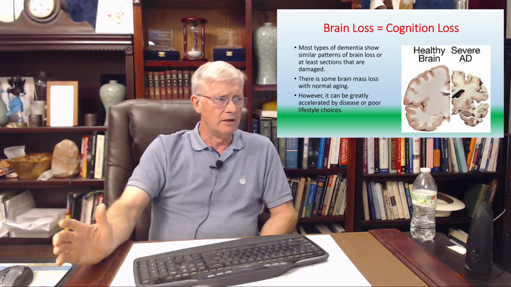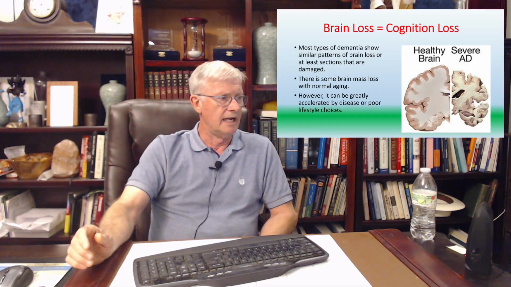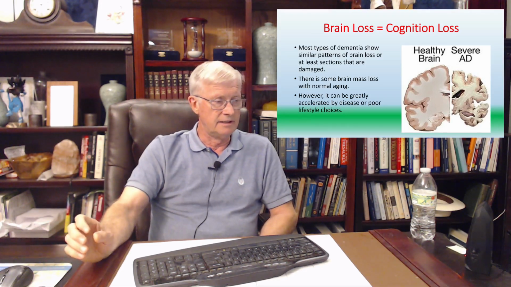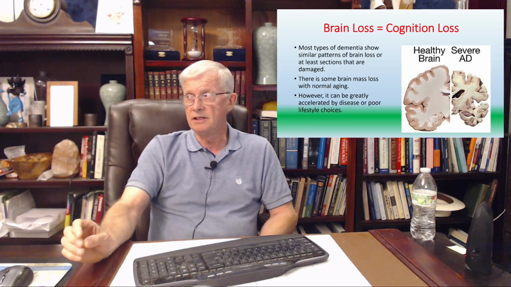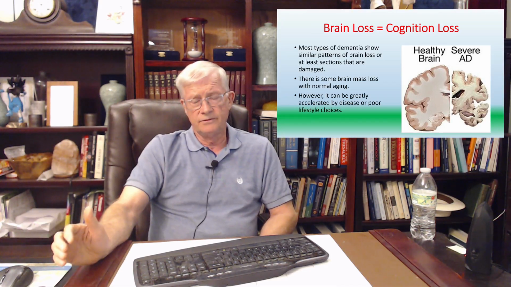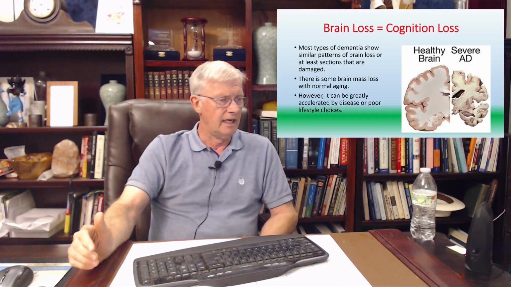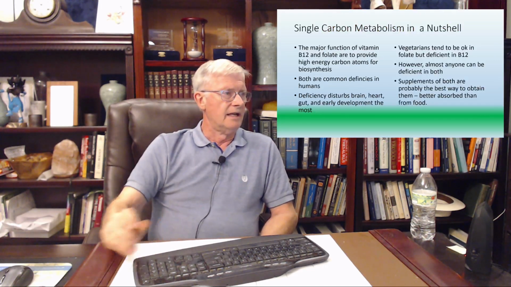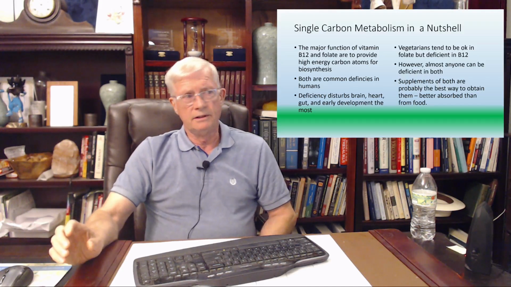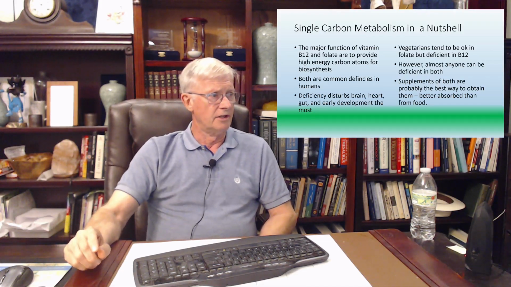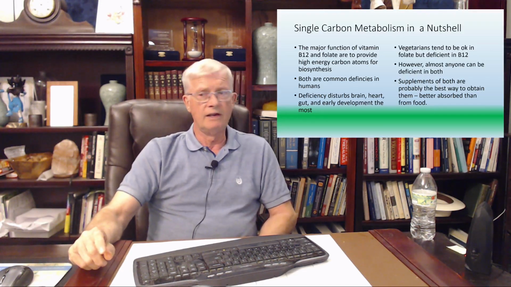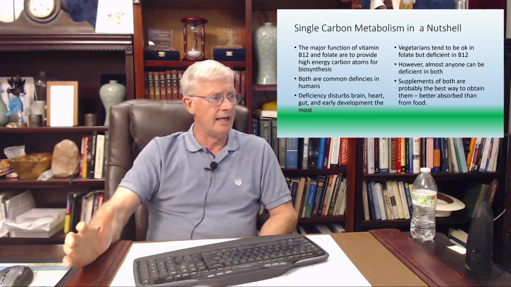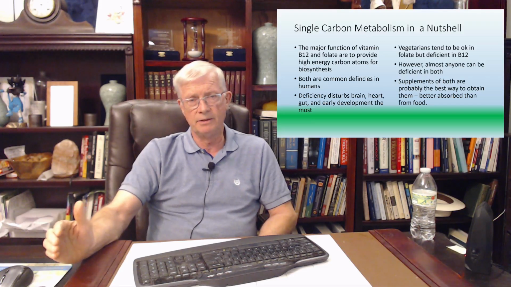There's some brain loss normal with aging. However, it can be greatly accelerated by disease or poor lifestyles, and especially diets low in folate and vitamin B12. Now, just to put single carbon metabolism in a nutshell, the major function of B12 and folate is to provide high energy carbon atoms for biosynthesis in the body.